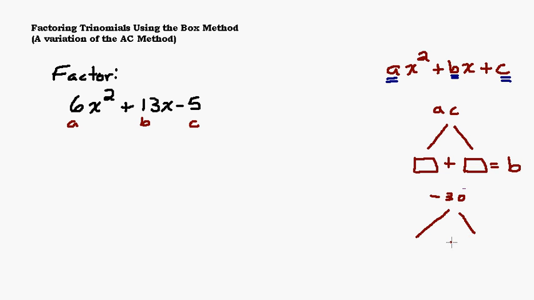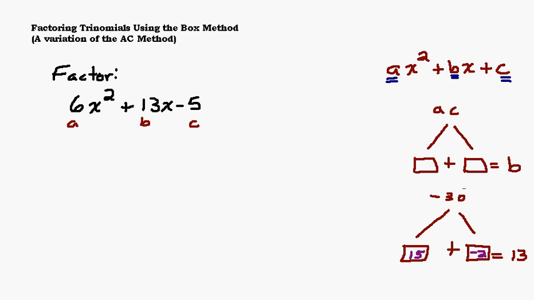I need to come up with two numbers that multiply to be negative 30 and add to be positive 13, and that is going to be 15 and a negative 2. 15 times negative 2 is negative 30. 15 plus negative 2 is 13.